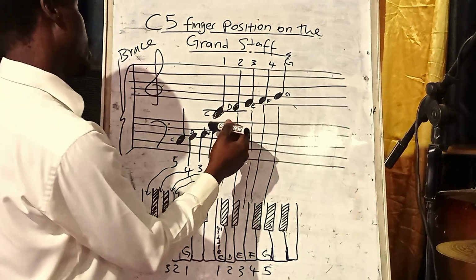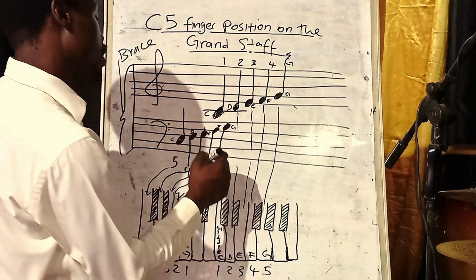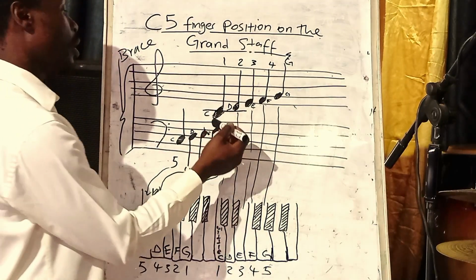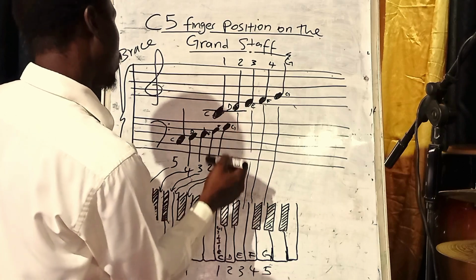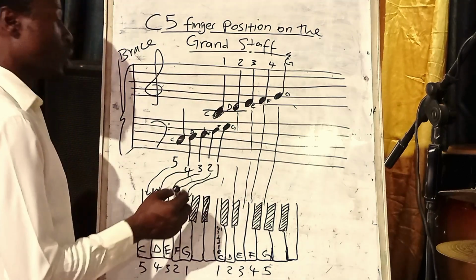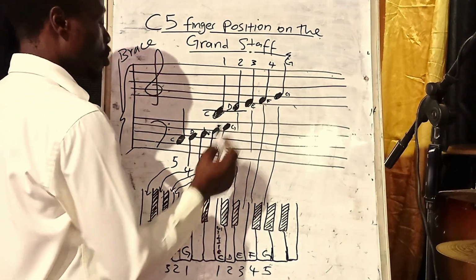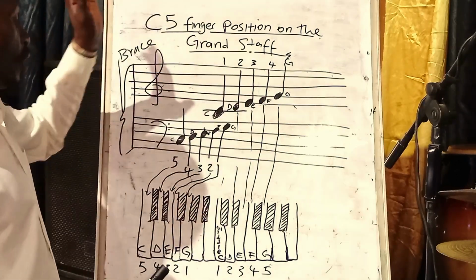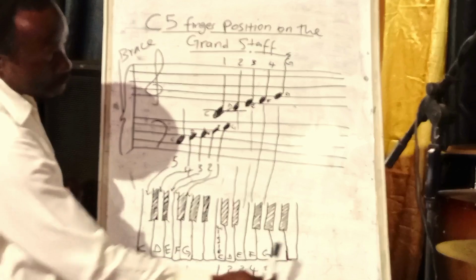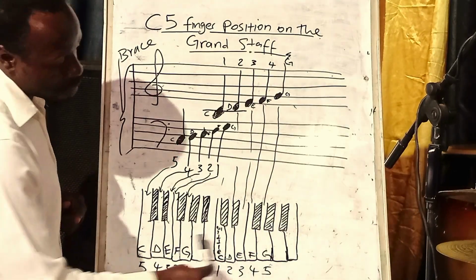Then E comes on the third space, play using finger number 3. Then F comes on the fourth line, and we play using finger 2. Then G on the fourth space, and we play G using finger 1 on the left hand. So this is how it looks on the piano, on the keyboard.